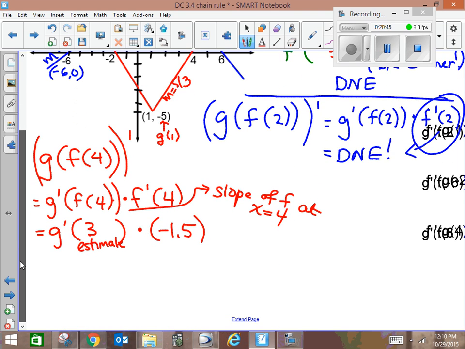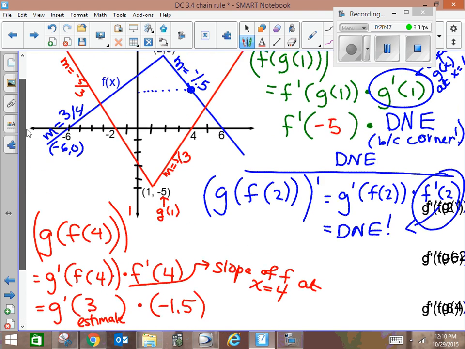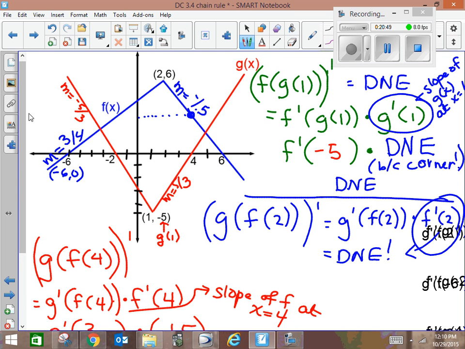Now, what's the g prime of 3? Don't say it out loud. G prime of 3. You're looking at the red function. G goes this way. Which piece are you looking at? The 5/3 or the negative 5/3? Which one, Jessica?